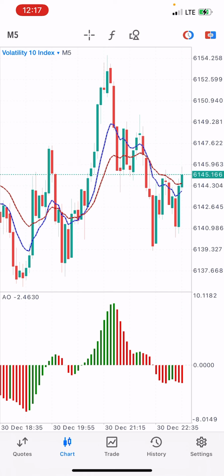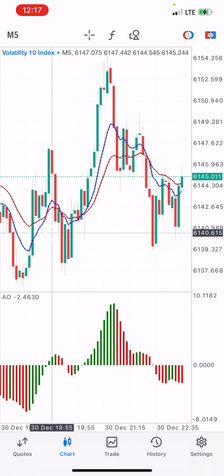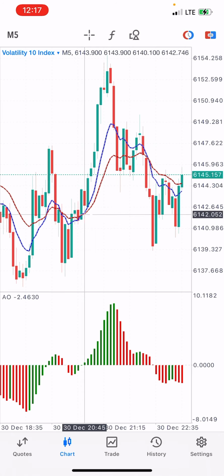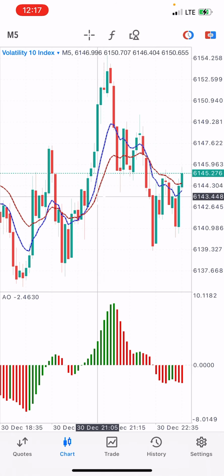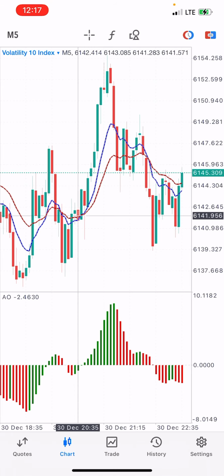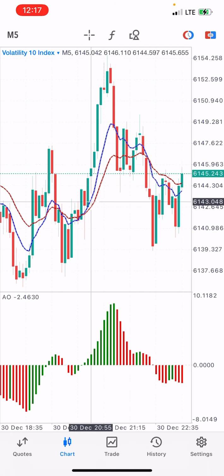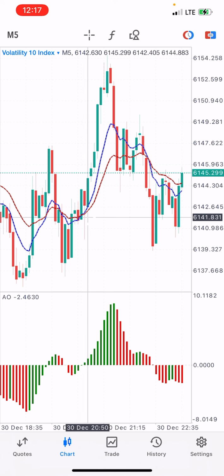What is the first confirmation? Watch out for the blue moving average and red moving average intersecting each other. Each time the red and the blue intersect, it indicates a signal.